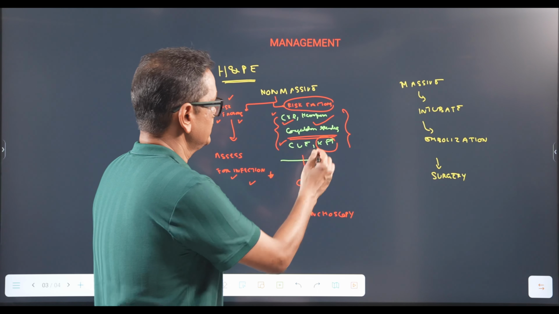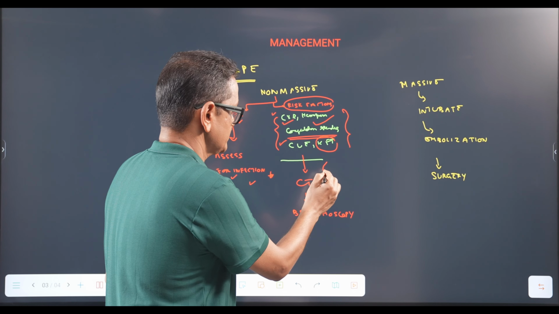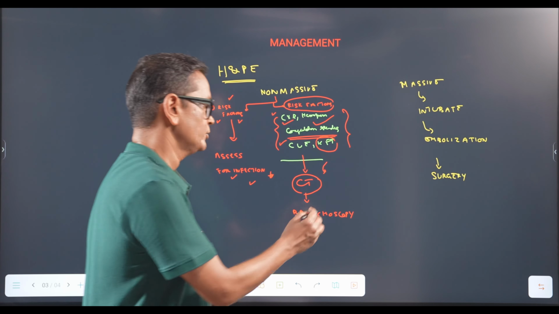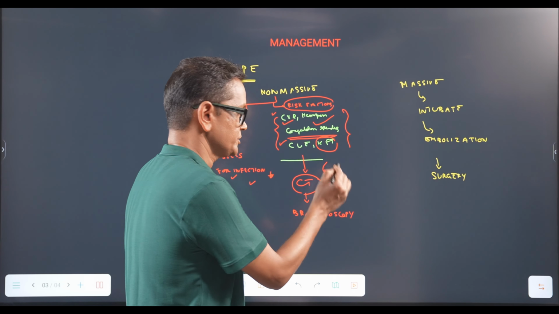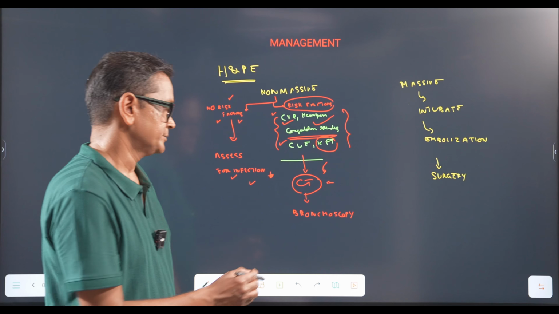Second thing is, in the setting of risk factors, once you have done these investigations, go ahead with CT chest. If you combine it with the angiogram, it is going to pinpoint the lesion, mostly in the bronchial vasculature, as I have told.